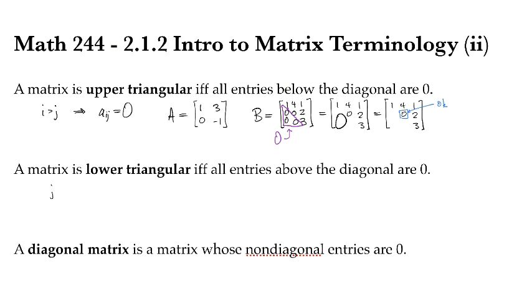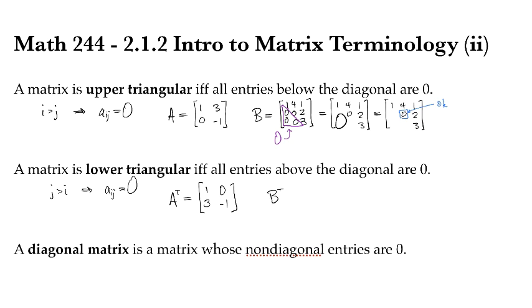So this is j bigger than i implies a_ij is equal to 0, if all the entries above the diagonal are 0. So for instance, if we take A transpose and we rewrite the rows as columns, then we'll have 1, 3, 0, minus 1. And so that will be lower triangular.